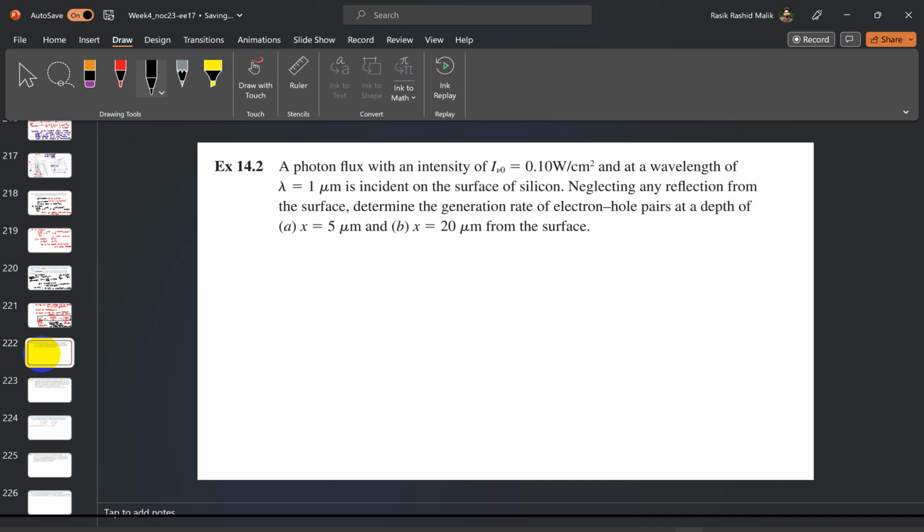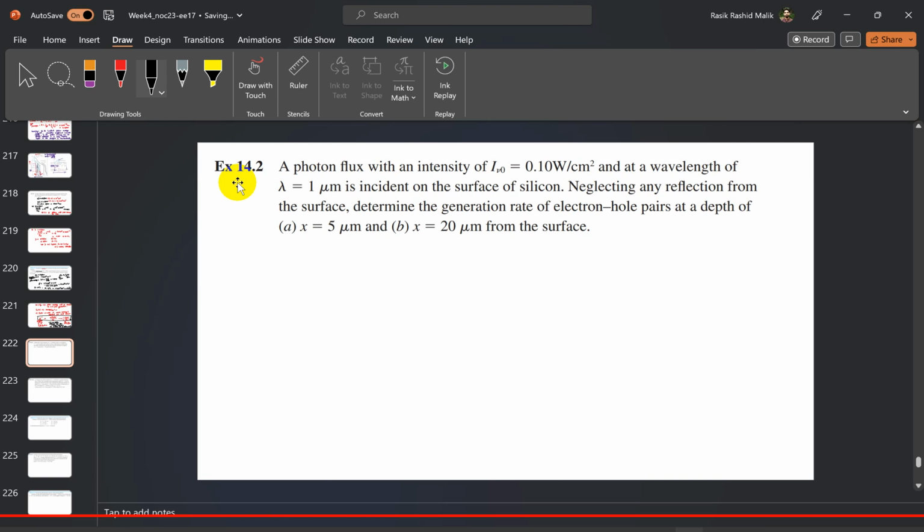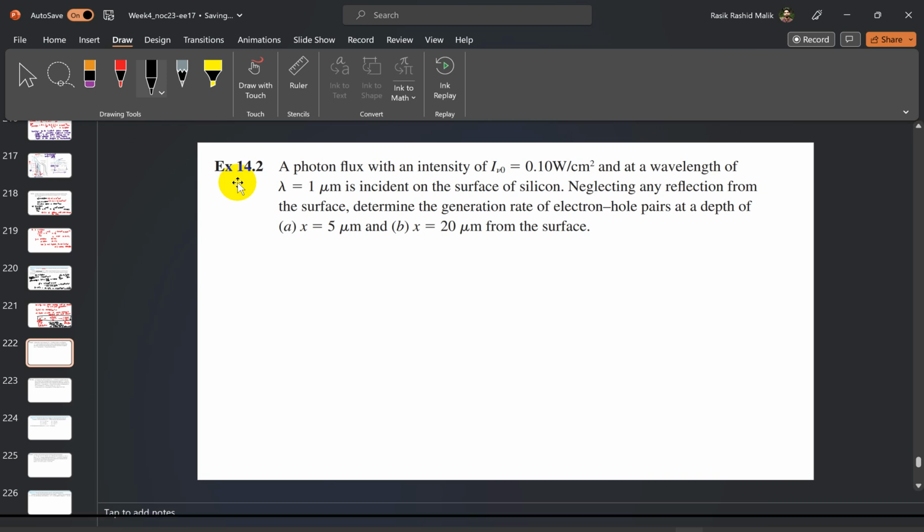Okay, so now let's solve a few more questions on this. The first question: we have a photon flux with an intensity of 0.1 watt per centimeter square, and the wavelength is given, and the semiconductor is silicon. For lambda equal to 1 micrometer, we already know the absorption coefficient is 10 to the power 2, and neglecting any reflection from the surface, we have to determine the generation rate of electrons and holes at x equal to 5 micrometer and 20 micrometer from the surface.